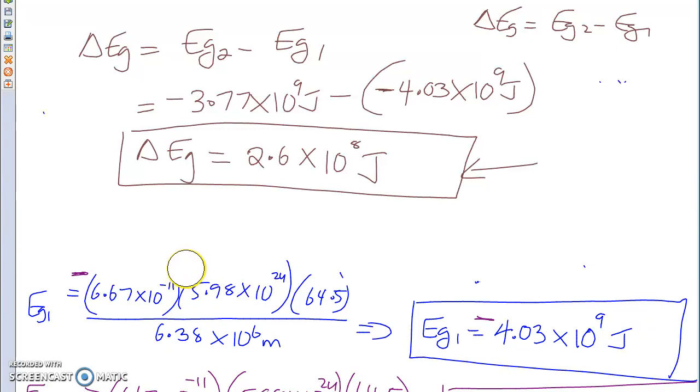Are we good? Why is it negative? We said that the maximum EG will be on the surface.